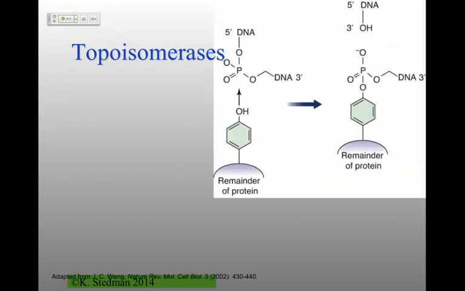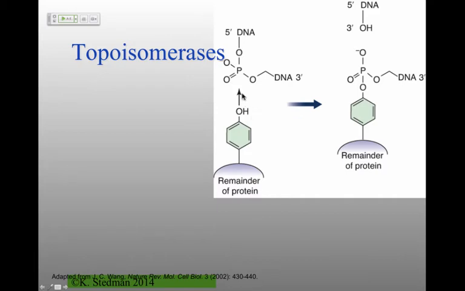What do these topoisomerases do? Basically, all that they have are tyrosines in their active sites, which basically mimic the OH that you have on your backbone. So what they do is they'll attack the phosphodiester bond and basically exchange with the DNA which is there.